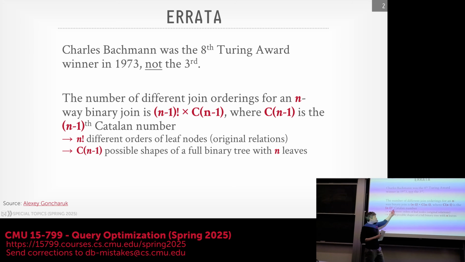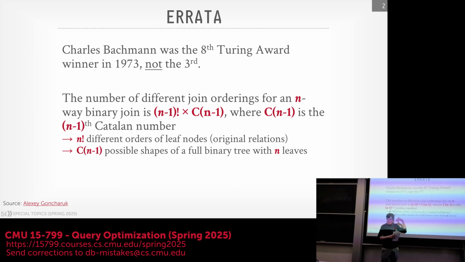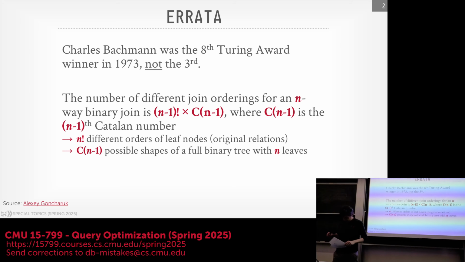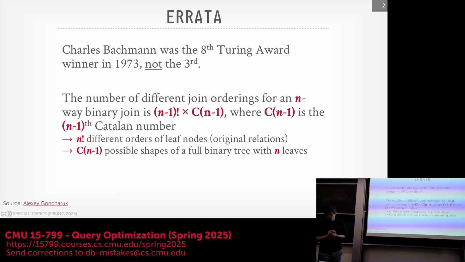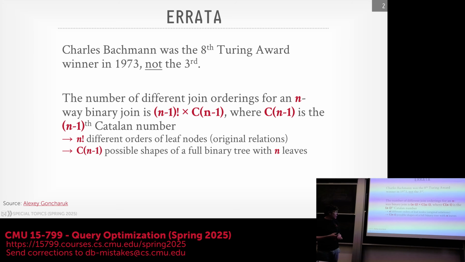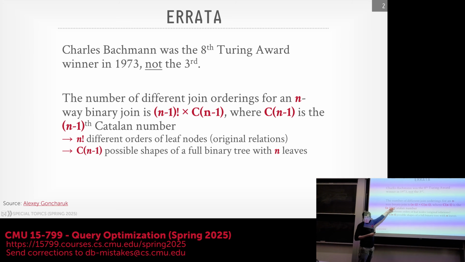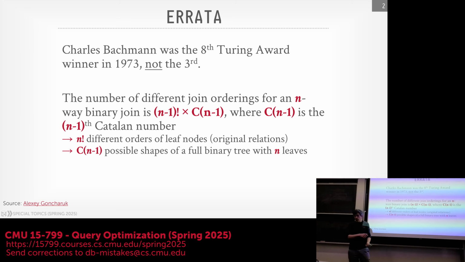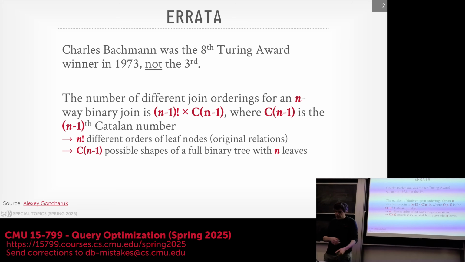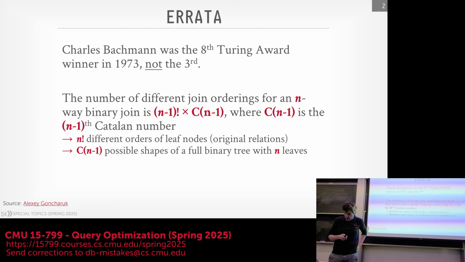Multiplying these two together gets you the total number of possible join orders you could have, again just doing binary joins or dyadic joins. It's still a huge number, right? And so it's not feasible for us to actually consider all possible join orderings.